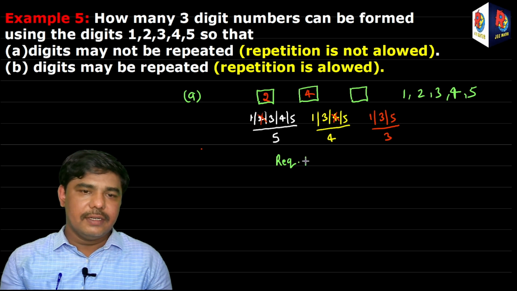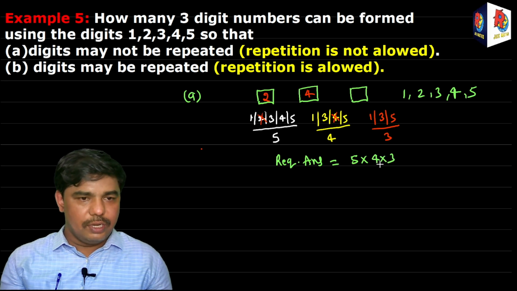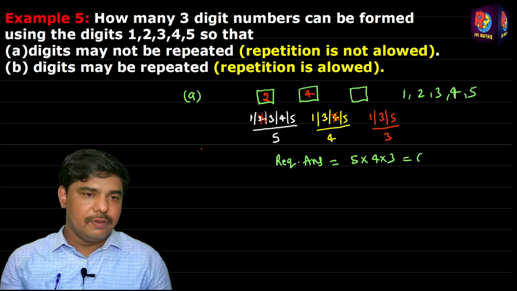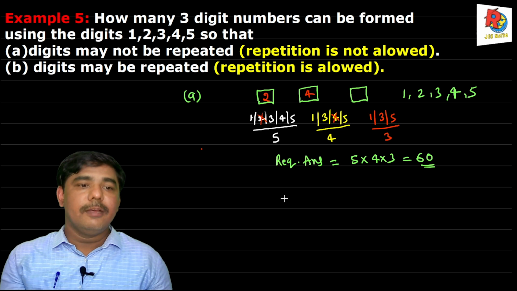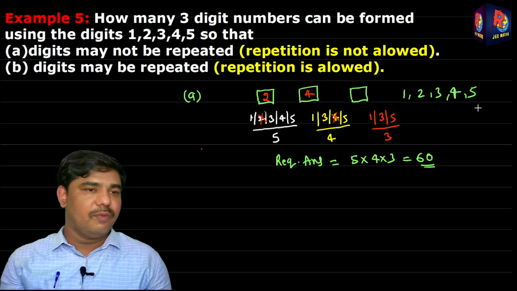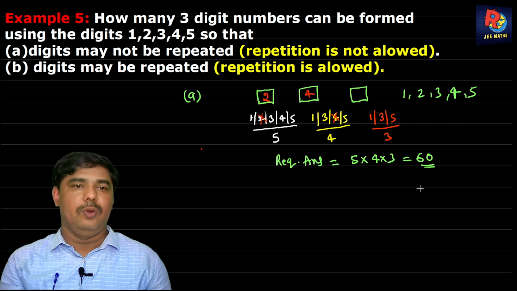So the required answer is 5 into 4 into 3. 5 fours are 20, 20 into 3 is 60. 60 three-digit numbers we can form using 1, 2, 3, 4, 5 when repetition is not allowed.